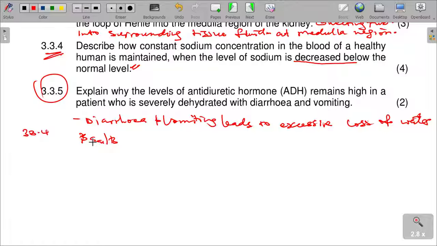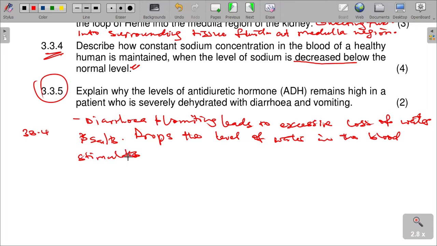That actually stimulates the hypothalamus to release more ADH into the blood.